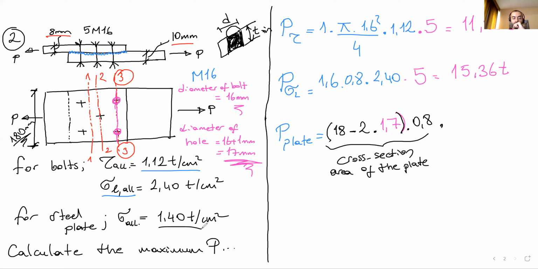Allowable stress is given in the question again, 1.40. Okay. Now let me calculate this one. Okay, here we go. Clear. 18 minus 2 times 1.7 times 0.8 times 1.4.